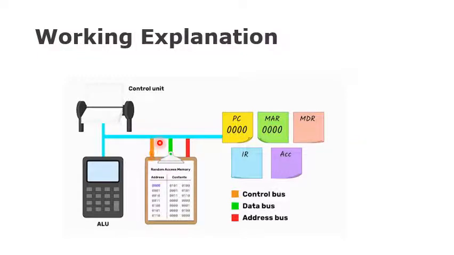The control unit sends out a memory read signal and the content of the address 0000, which is 01010100, is being copied through the data bus to the memory data register MDR, right?